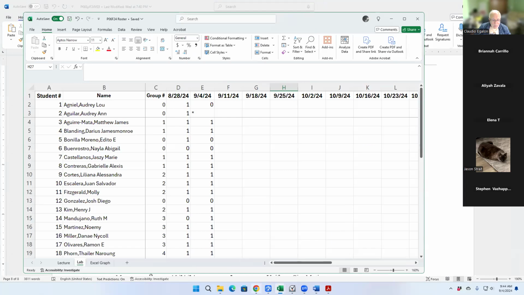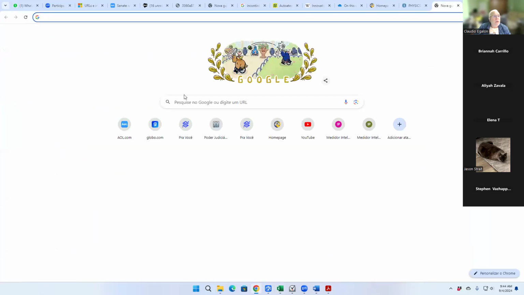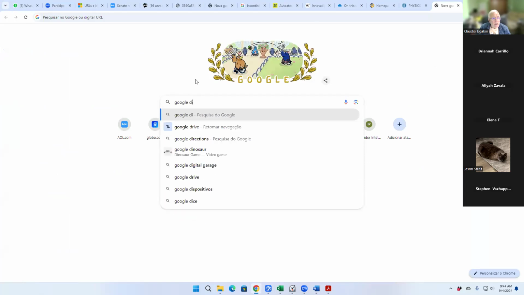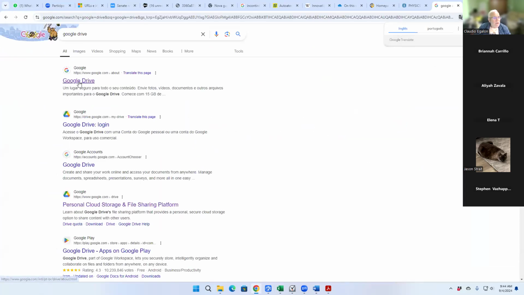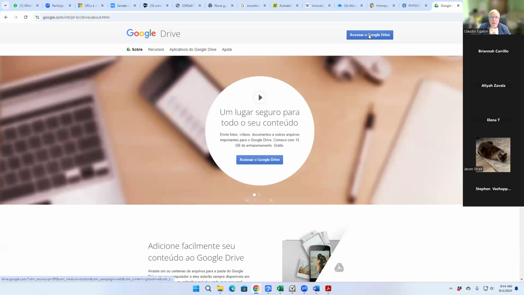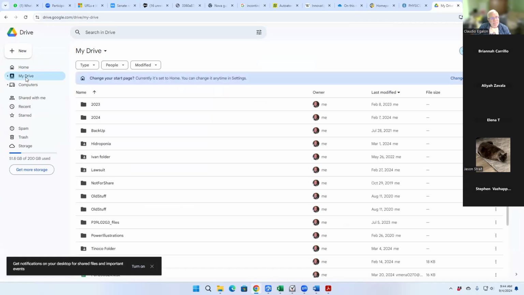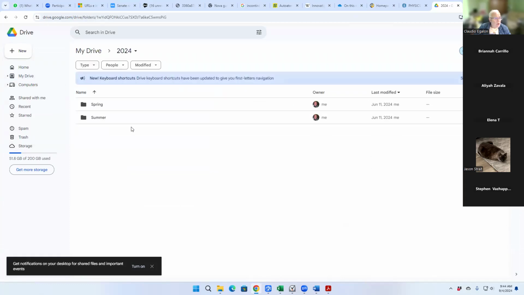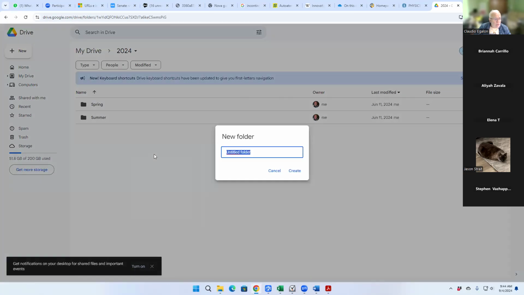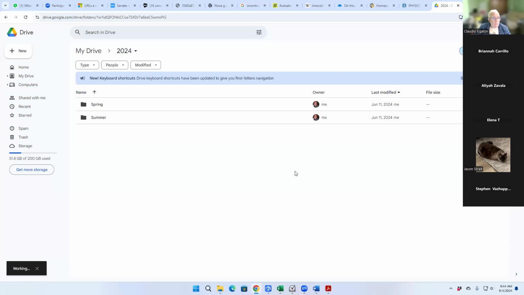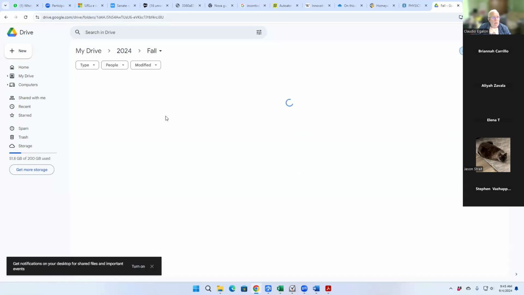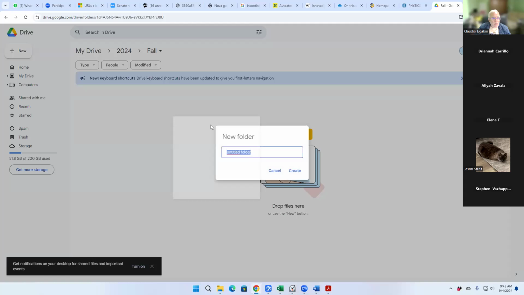Let's go here. Let's see, Google Drive. Let's see my drives here. 2024, spring, summer. So, new folder. New fall. New folder. Group number 1.